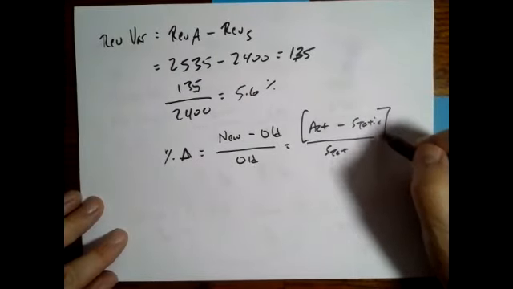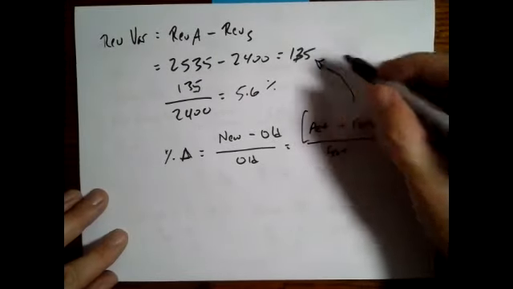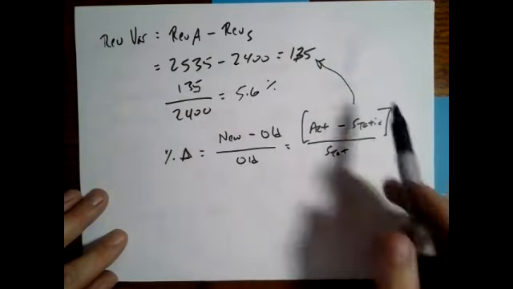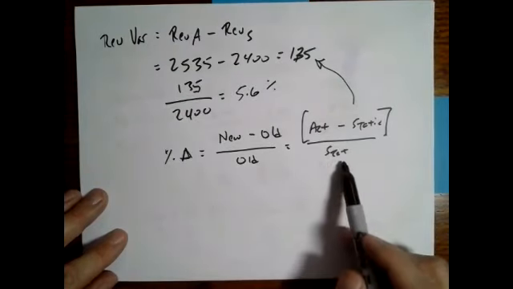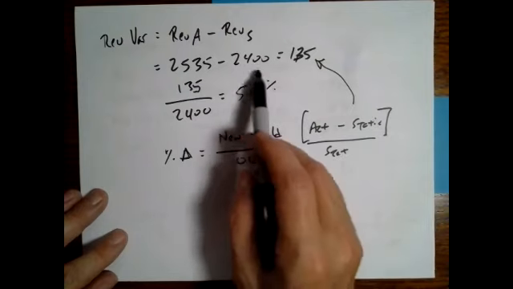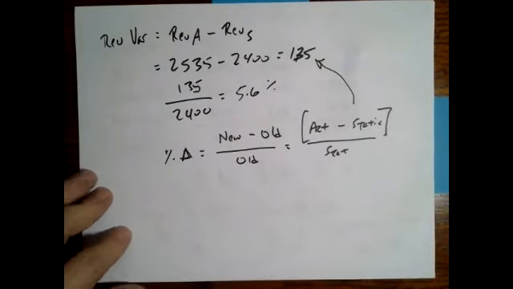Now this actual minus static was what we calculated here. Actual minus static is 135. So that was what we put in the numerator, and then the denominator was the old or the static, which was the 2400. Right, so that's what we did.